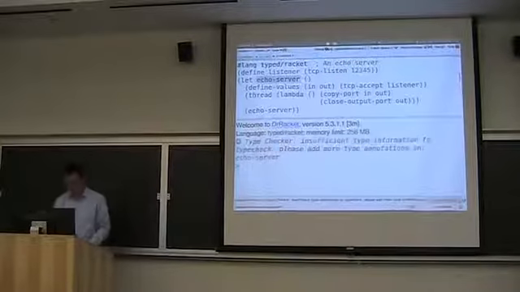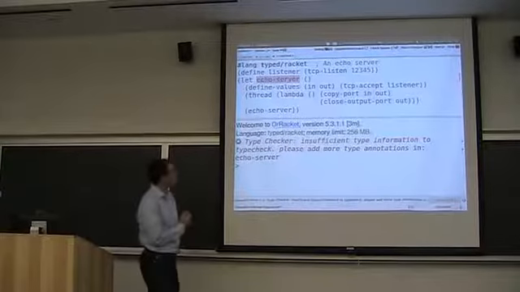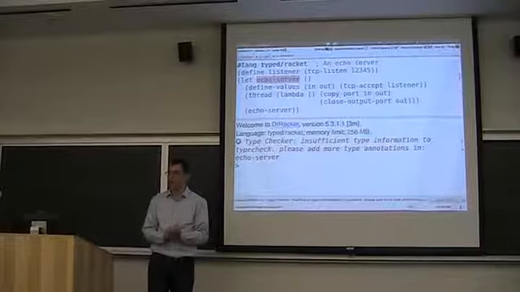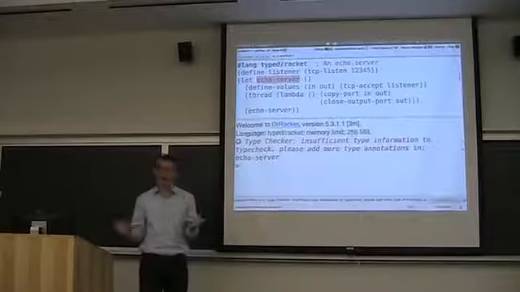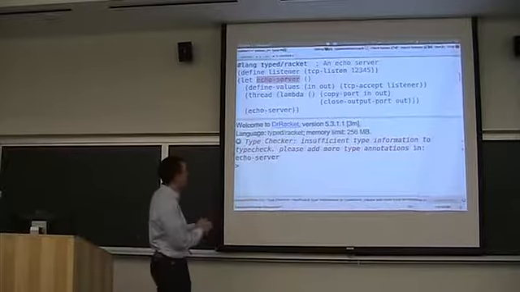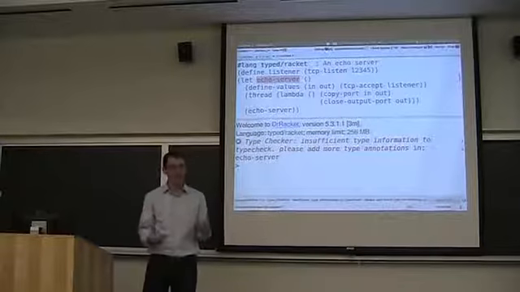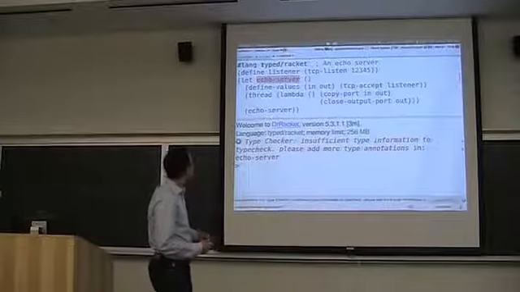Well, what does our error message say? It actually gives what I think of as a very accurate error message. It says, I don't really know what's going on here, so I'd like some help. The type checker is pleading with you not to just leave it sitting there in the dark with no information. We're going to have to help it out.